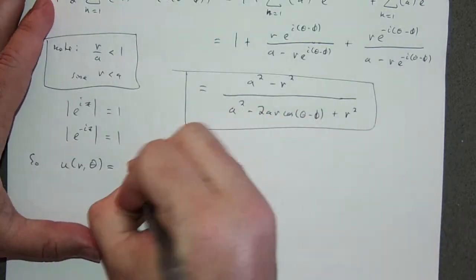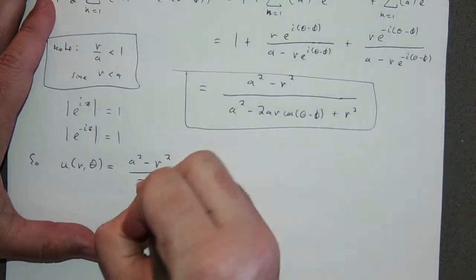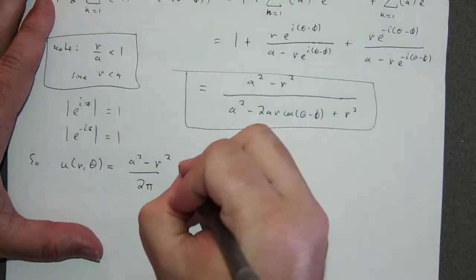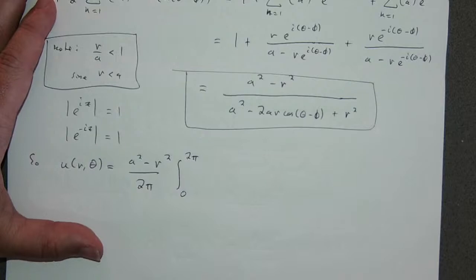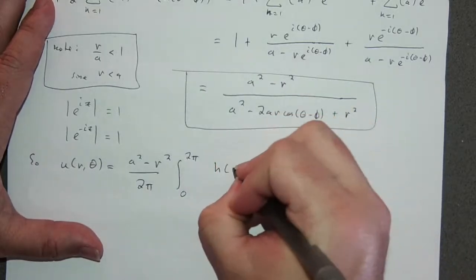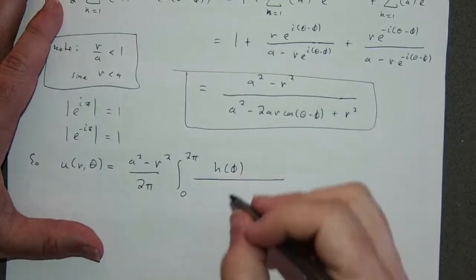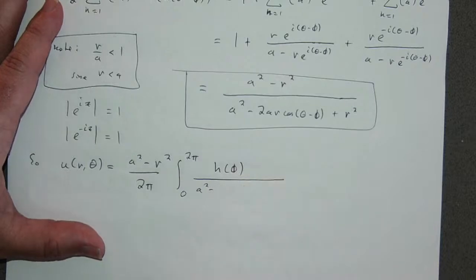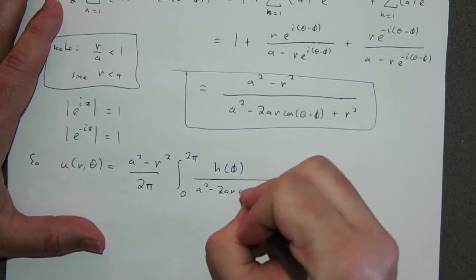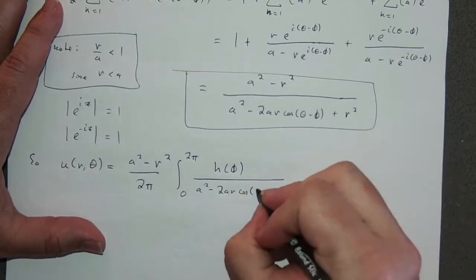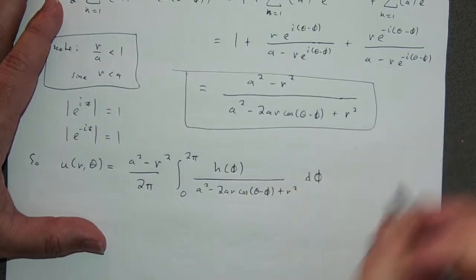It's equal to (a squared minus r squared) over 2 pi times the integral from 0 to 2 pi of h of phi over a squared minus 2ar cosine of (theta minus phi) plus r squared, d phi.